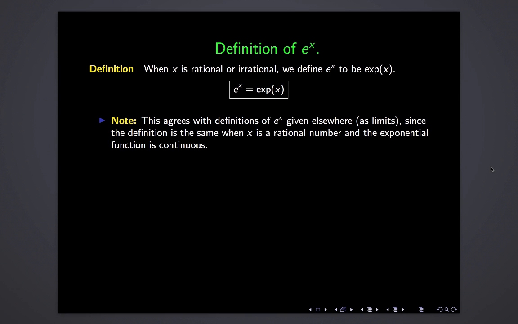That is, it's the unique number e to the x for which the natural log of e to the x equals x. This should agree with other definitions of e to the x that you might have encountered which use limits, since exponential of x is a continuous function. And now we have a complete formula for the exponential of x, namely the exponential of x is e to the x.